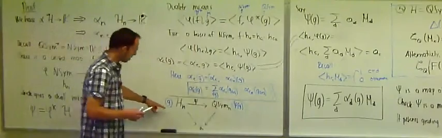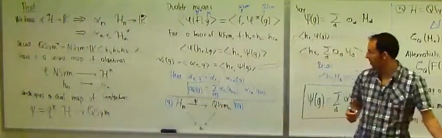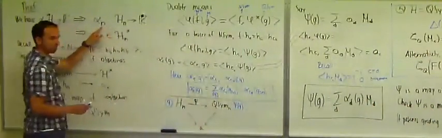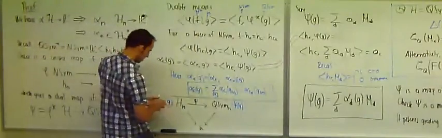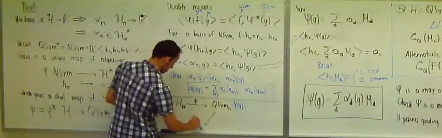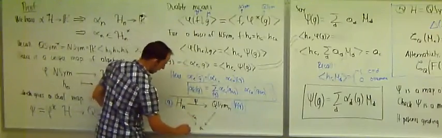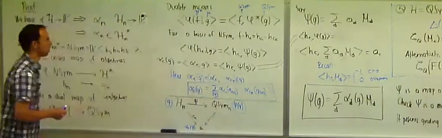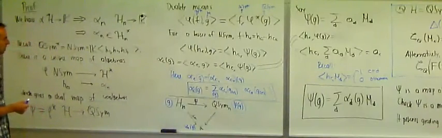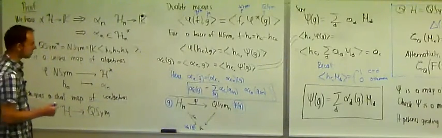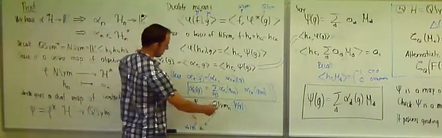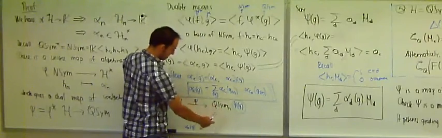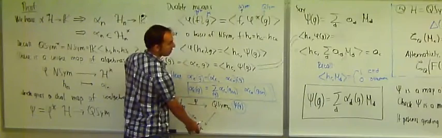And when I send it over here, it ends up being what? Hn to K. This is the map alpha n, right? This is the map alpha n. And so right here, I get alpha n of G. Okay. Now, what happens when I map QSYM to K? What is that map called?